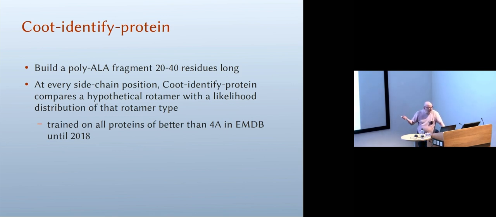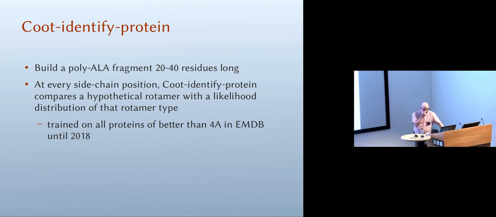Right, so how does Coot do it? The idea is that we have some built fragment. You can do a fit helix here and then add terminal residues rather readily to create a 40 residue fragment. Then you feed that polyalanine fragment into Coot-identified protein, and at every side chain position, you give it the map, of course.